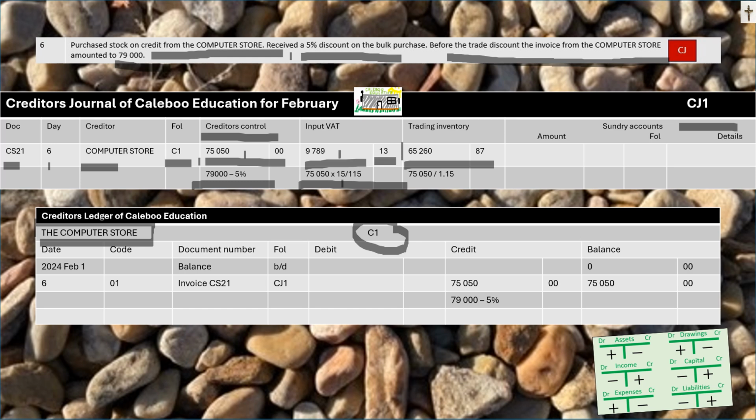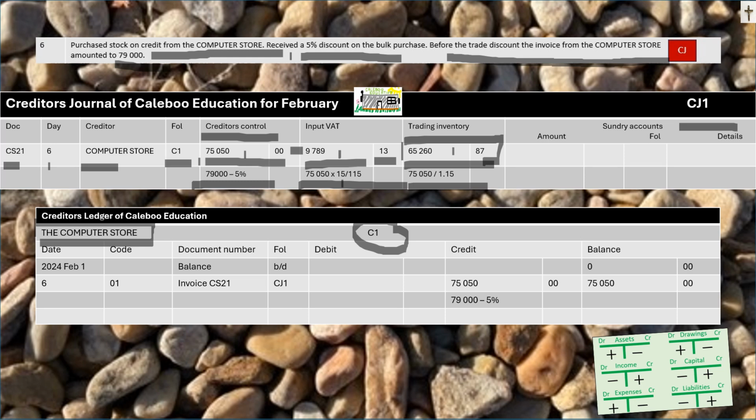And the actual cost price of the stock was the invoice amount less the input VAT. Or we could take the invoice amount divided by 1.15, and that gives us 65,260. But the purpose of this video is to do the account of the computer store.